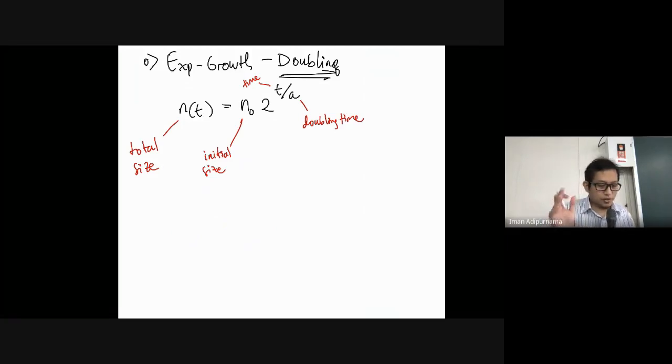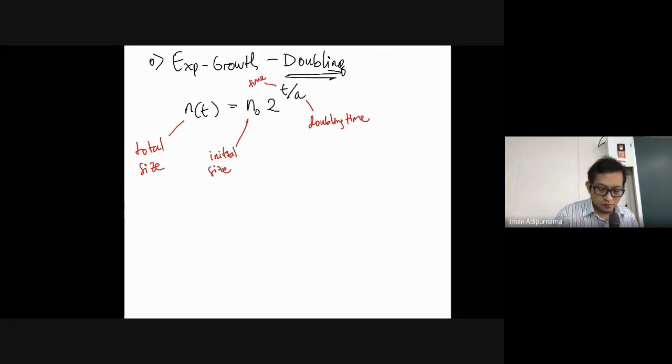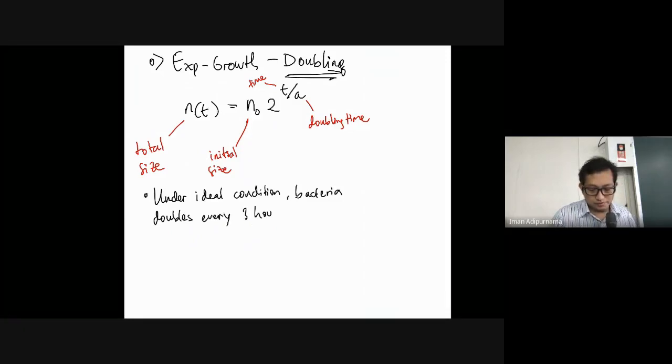And I will just give you the example. Okay, so how to use it. So under ideal condition, let's say bacteria doubles every, for example, 3 hours.